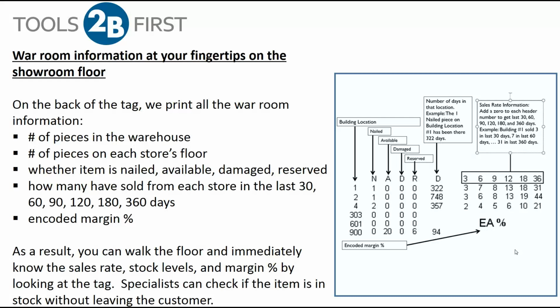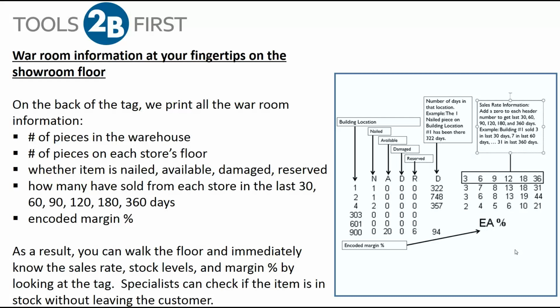So basically, we just take off the last 0. In this case, for this item in building 1, you sold 3 in the last 30 days, and then a total of 7 in the last 60 days, a total of 8 in 90 days, and so on. So it's cumulative. You can see that over the last 360 days in building number 1, you sold 31 items of that specific merchandise.